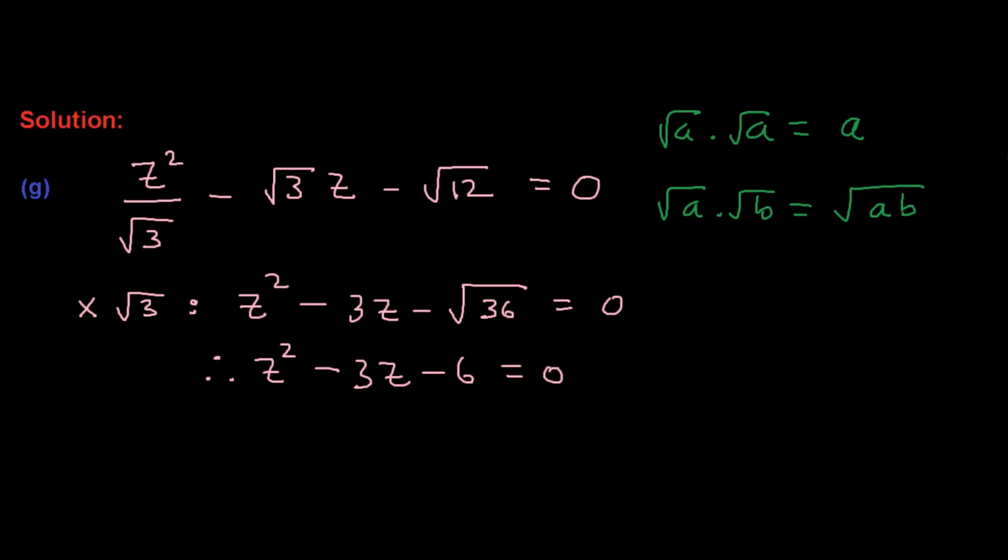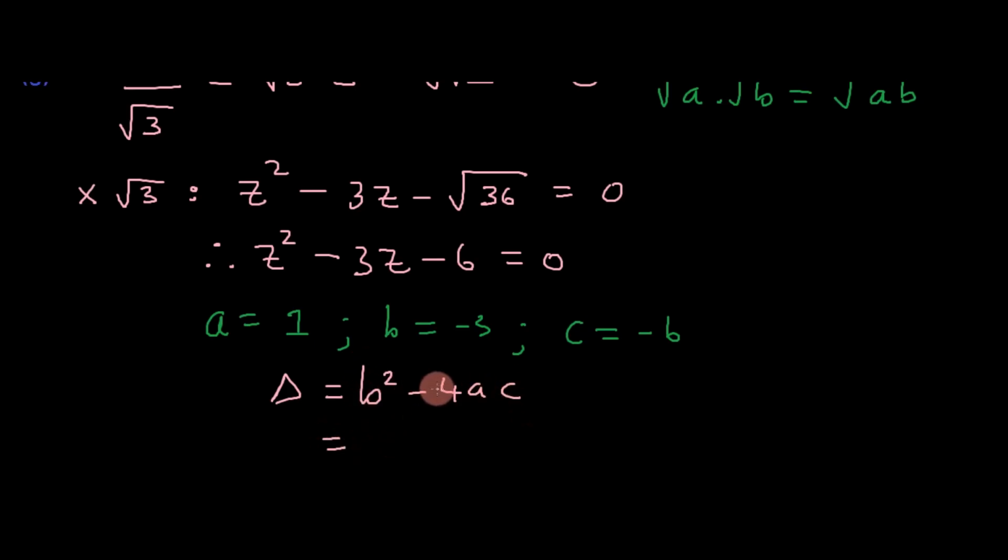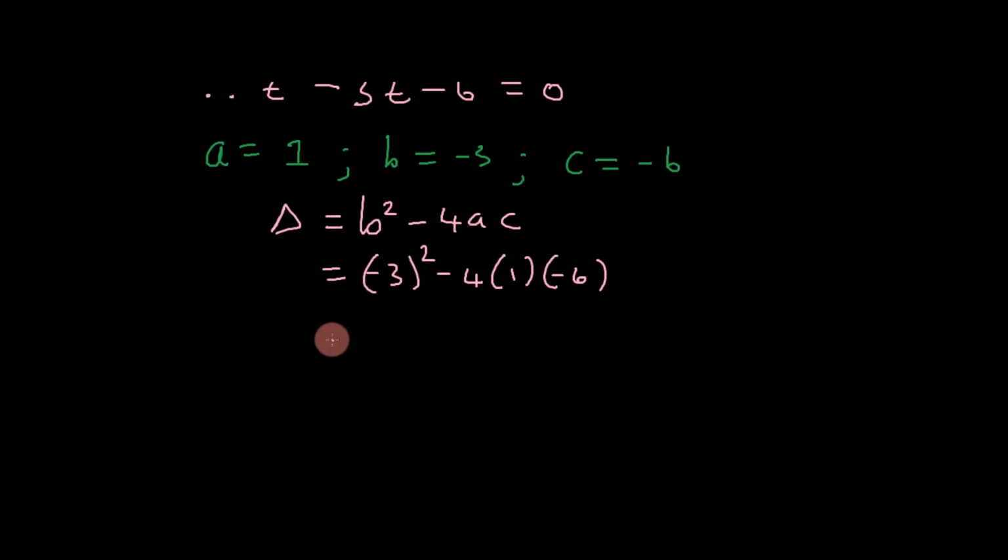Now we can write down the values of a, b, and c. So a is 1, b is negative 3, and c is negative 6. So then finding delta, we can substitute in. And this is 9 plus 24, which is 33.